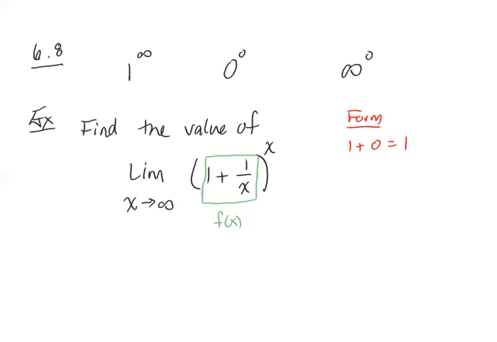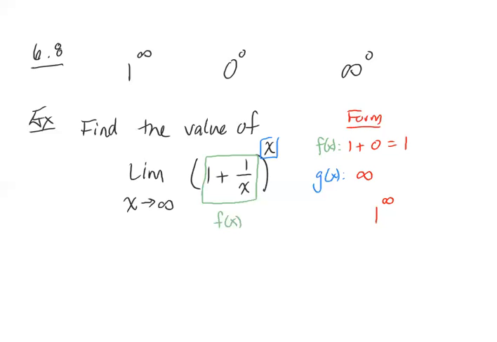And that's the f of x function. And g of x, which I would call this, as x approaches infinity, obviously that approaches infinity because that's just x. So this has the form 1 to the infinity, which is one of those indeterminate forms that we discussed that we have to use the following process to evaluate.